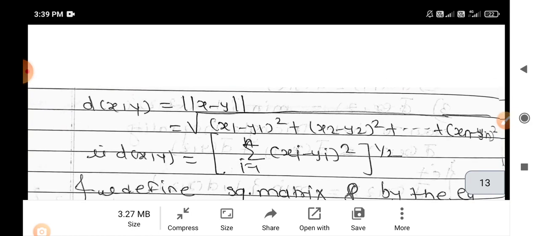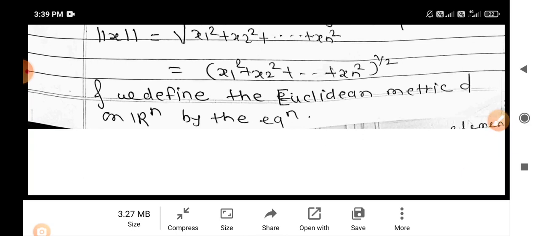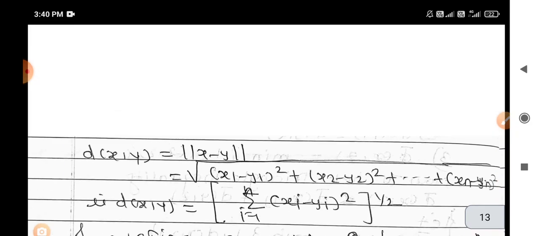So this is the norm, and the corresponding D satisfies all the criteria for a metric, and this metric is called the Euclidean metric D on Rn, and this Rn is called the Euclidean metric space corresponding to metric D. So in the next lecture we see another example for Euclidean metric and the metric topology.